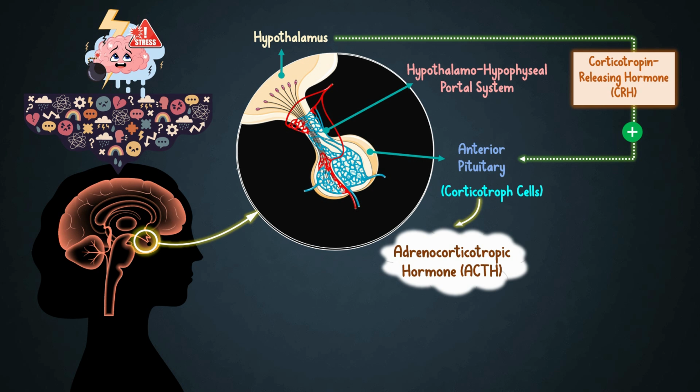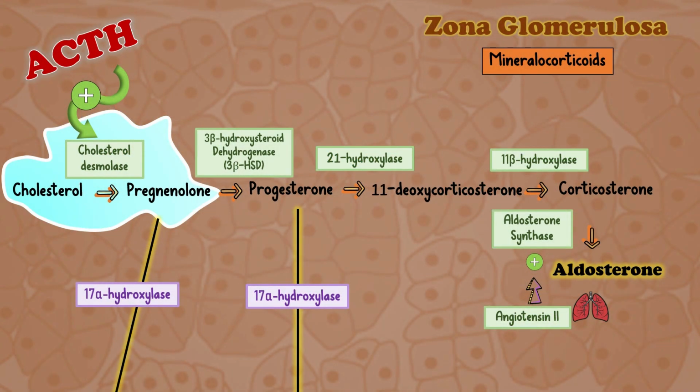And then this ACTH, when it reaches the adrenal glands, stimulates the enzyme cholesterol desmolase. That brings about the conversion of cholesterol to pregnenolone. Well, this initial conversion is the rate-limiting step for all the adrenocortical hormones. This explains why ACTH is normally necessary for any adrenocortical hormones to be formed.